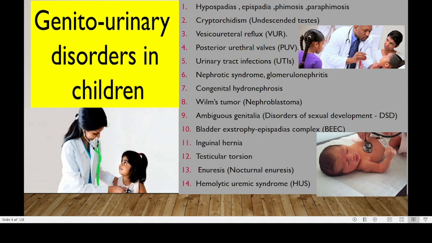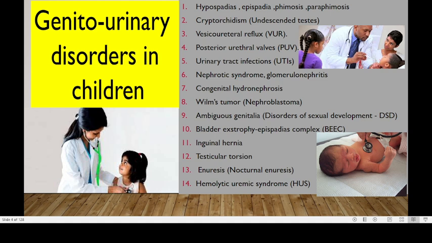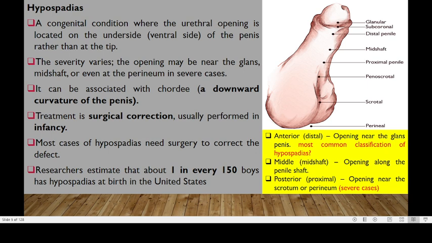So ladies and gents, we have tried to list all the most prevalent disorders, and this is what we are supposed to be discussing: congenital disorders, urinary tract infection, nephrotic syndrome and glomerulonephritis, urological emergencies, nocturnal enuresis, or hemolytic uremic syndrome, right?